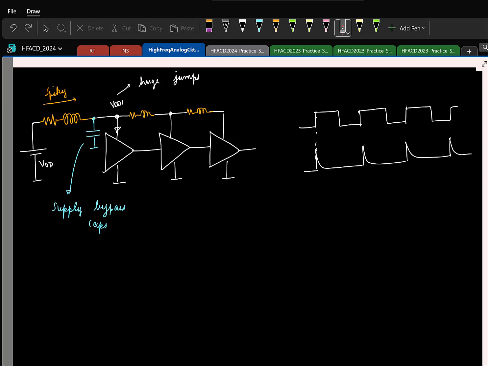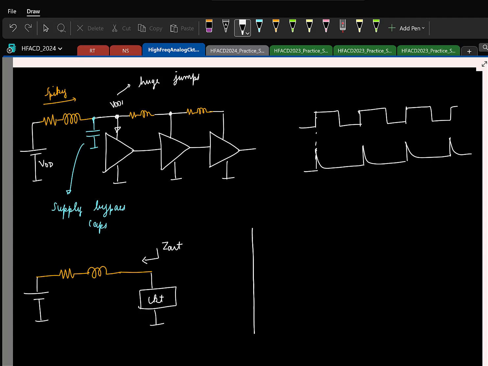I mean, you can also visualize it by looking at the impedance profile. So if I redraw the same scenario we have, I have the external battery, I have the parasitic R and L, and then I have the circuit here. So if I look at the impedance here and plot it versus frequency, how will it look?